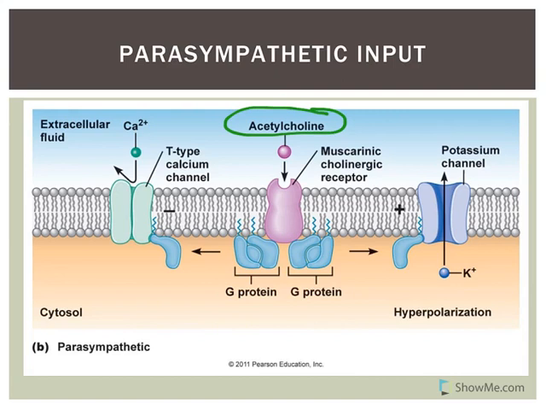And what you'll notice is we have a muscarinic cholinergic receptor. These muscarinic receptors are G protein coupled receptors. They are different, remember, from nicotinic receptors, which are ligand-gated ion channels. The muscarinic receptors, depending on the specific one and where we find it, will have various effects. And we're specifically looking at what's going to happen in the heart.